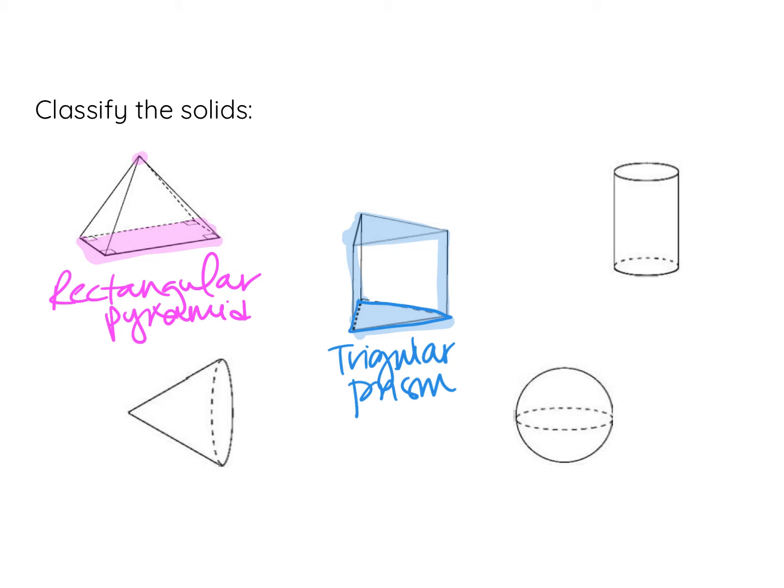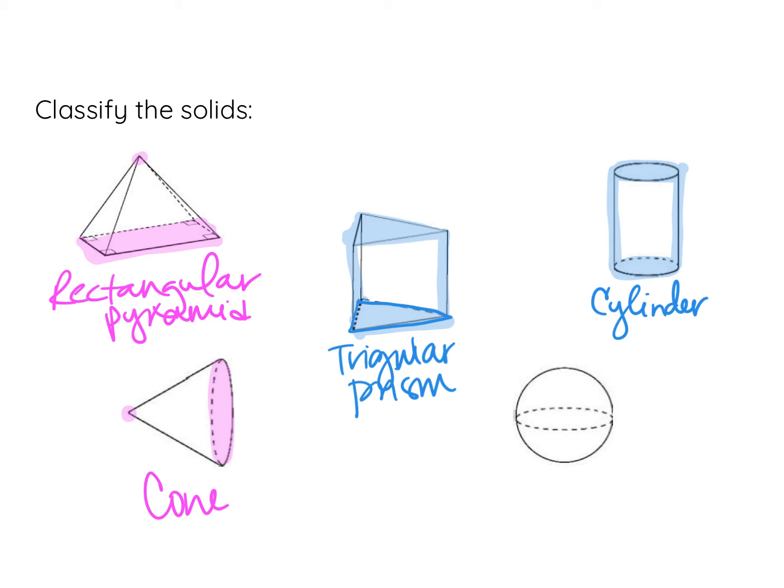Okay, so same with this one, I have 1 circle, 2 circles, and then they're connected, right? They don't come to a point. So 2 bases would be a cylinder. Again, really it is a circular prism, but we don't call it that, we call it a cylinder. If I look at this next one, I see 1 base with the sides coming to a point, and the base is circular, so this would really be a circular pyramid, which we call a cone.